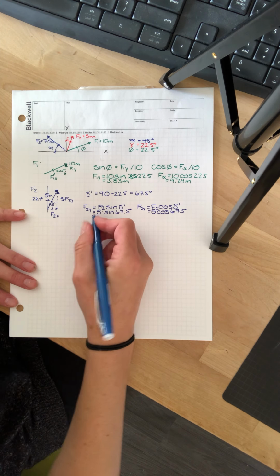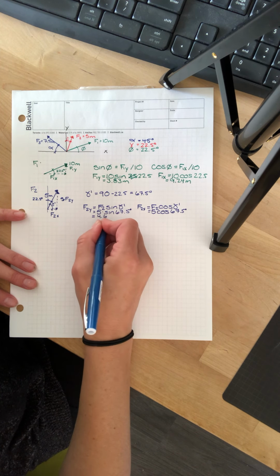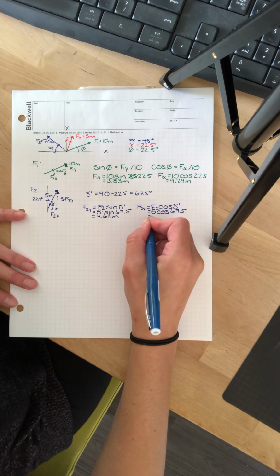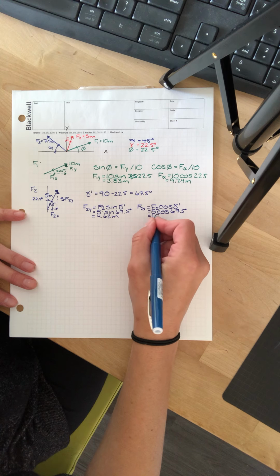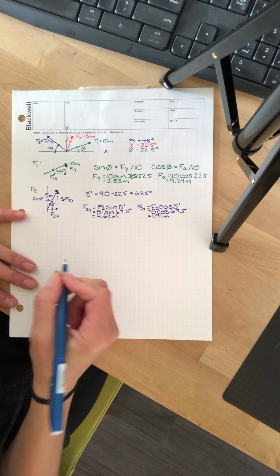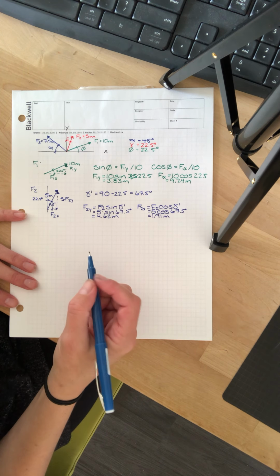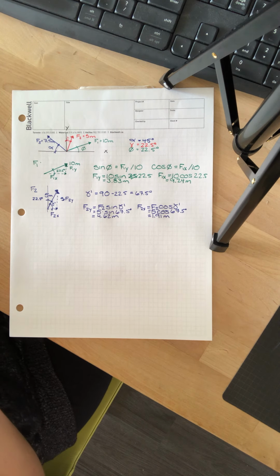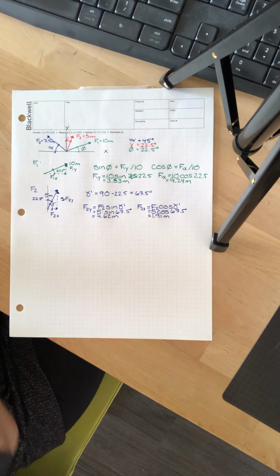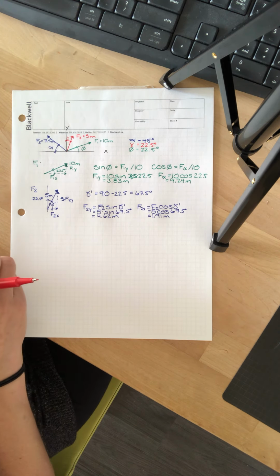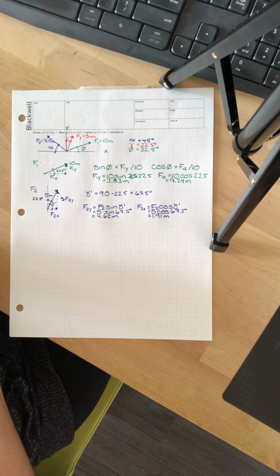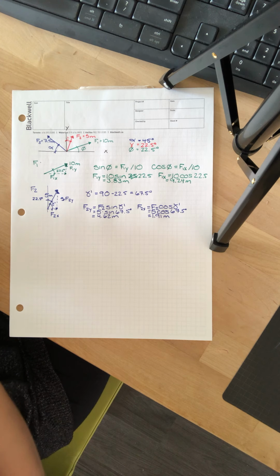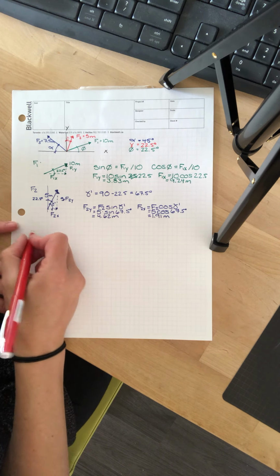I can solve for F2y being 4.62 meters and F2x being 1.91 meters. I predicted that F2y would be bigger, and that follows. All right, well, that was a pain that I switched up the colors, wasn't it? Sorry about that.